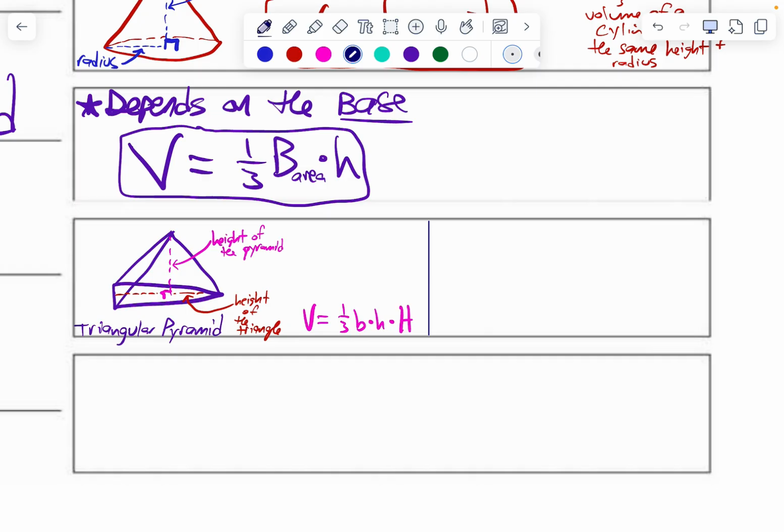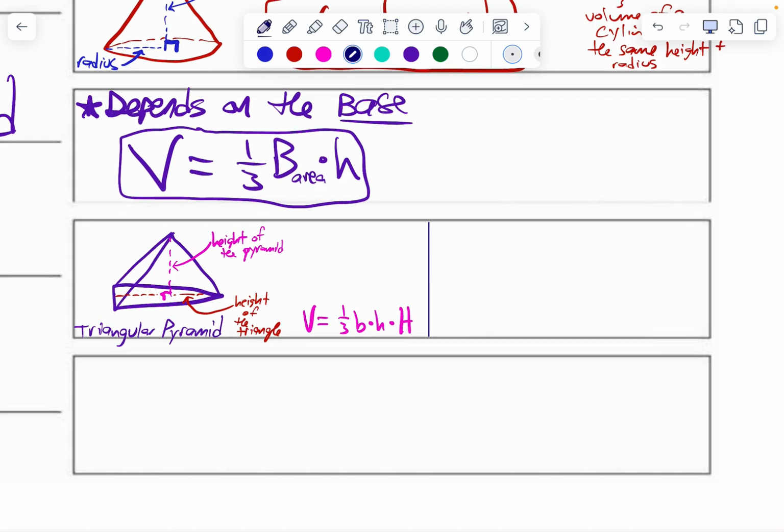Okay, let's draw a square or rectangular pyramid. Something like that.